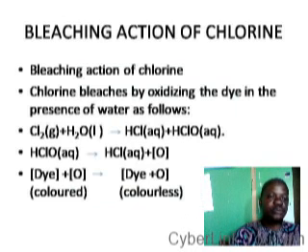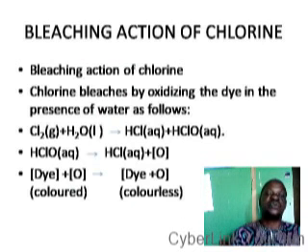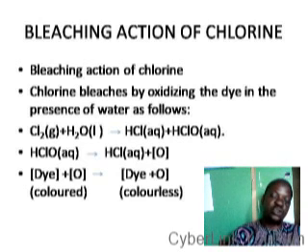Bleaching action of chlorine. The bleaching action of chlorine is because of its ability to disproportionate in water. So when it dissolves in water, it forms the two types of acid that we have mentioned. And because oxochlorate 1 acid, when it comes in contact with dye, will liberate its oxygen atom, the oxygen atoms react with the dye, which is colored, to form dye plus oxygen, which is colorless.